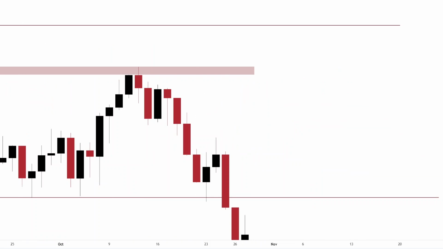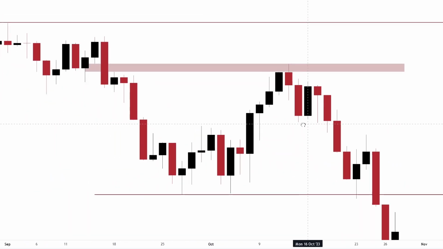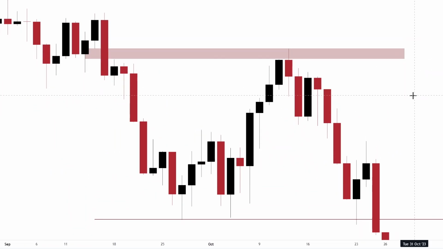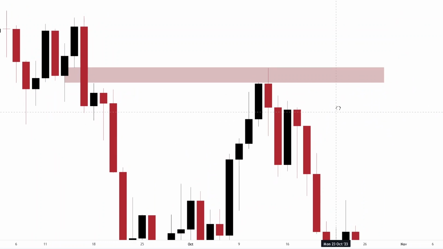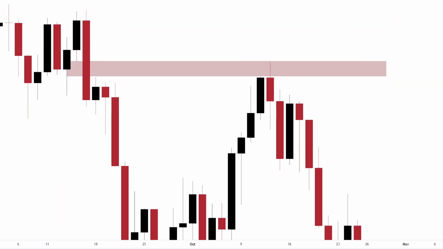Now, if this fair value gap was not completed, let's say the fair value gap reached right here and then reversed, this would not count. We want a completion and at the same time we want a red candle, preferably an engulf.